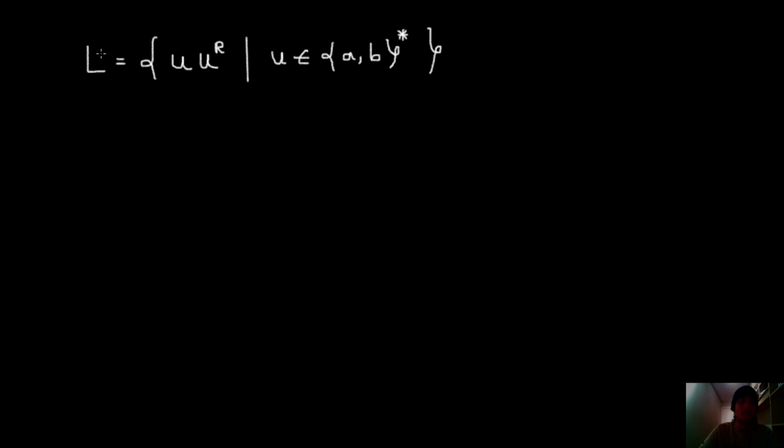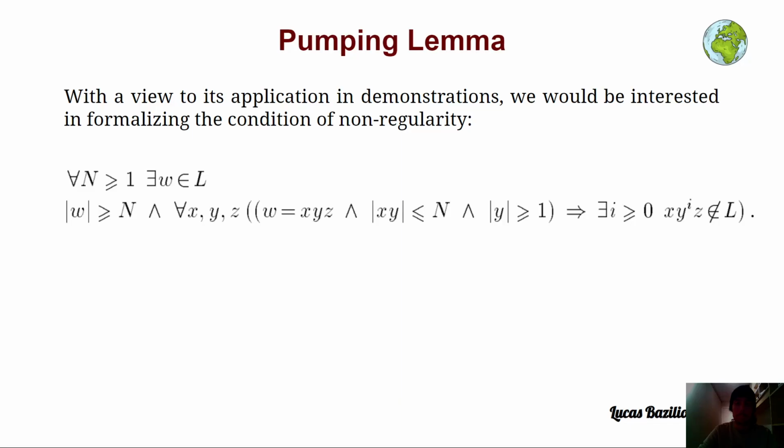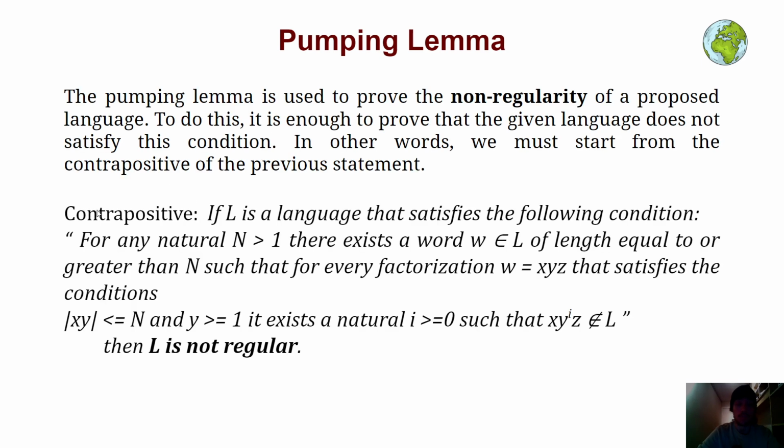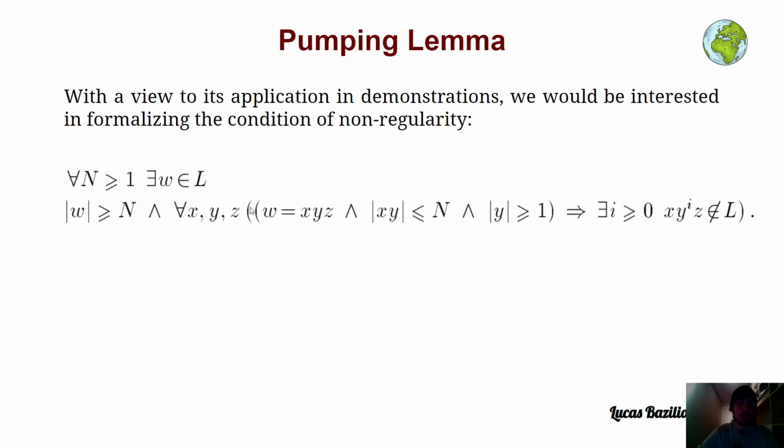So we need to prove that this language L is a non-regular language, so we will use the pumping lemma. Remember that in order to prove that a given language is a non-regular language, we need to take the contrapositive of these assumptions, and if we take the contrapositive, we arrive at these conditions of non-regularity. We explained this in the previous lesson.